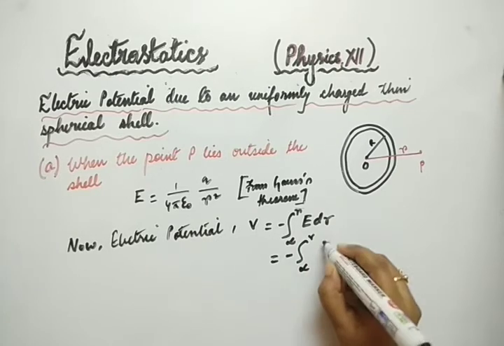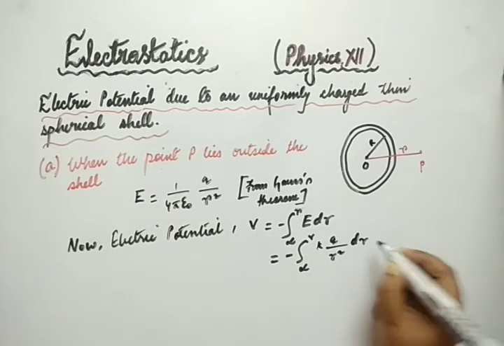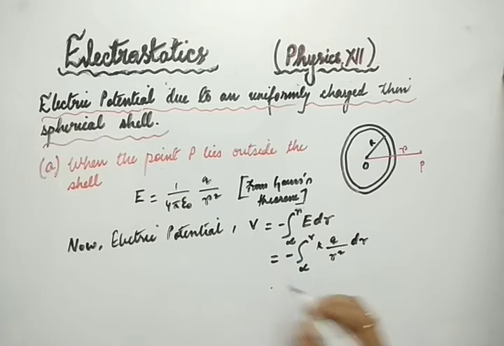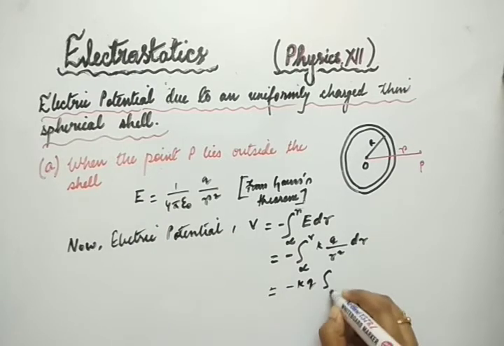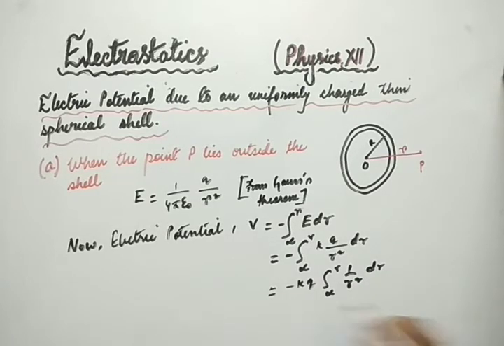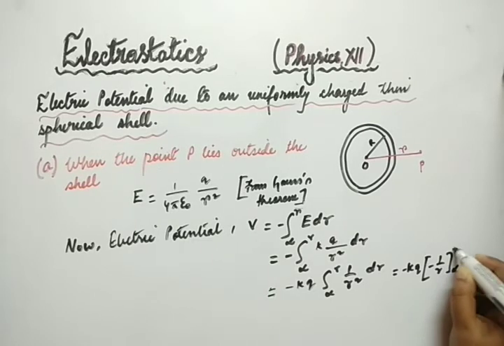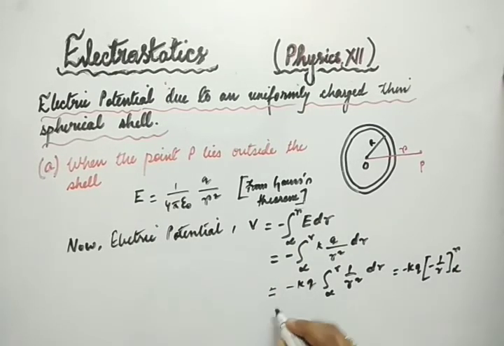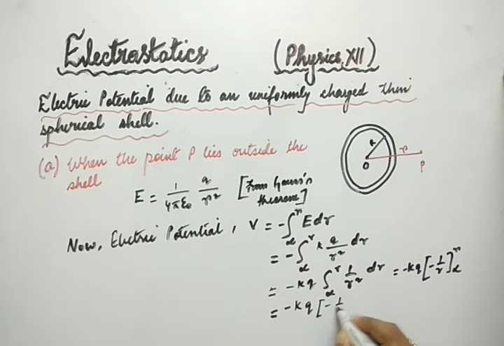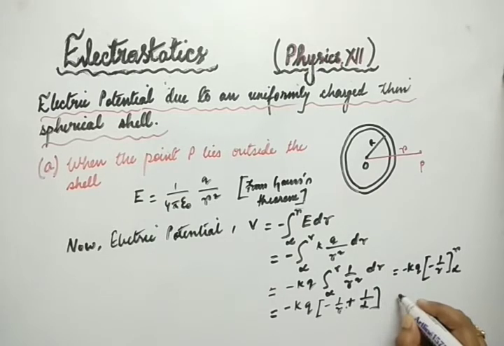From infinity to r, let us write 1 by 4 pi epsilon naught as K, so K by r square dr. This can again be written as minus K Q, with Q coming outside, integral from infinity to r of 1 by r square dr. The result of the integration is minus 1 by r, so we get minus KQ times minus 1 by r, and minus of minus gives plus.